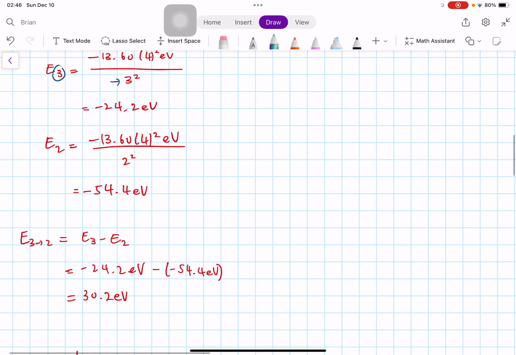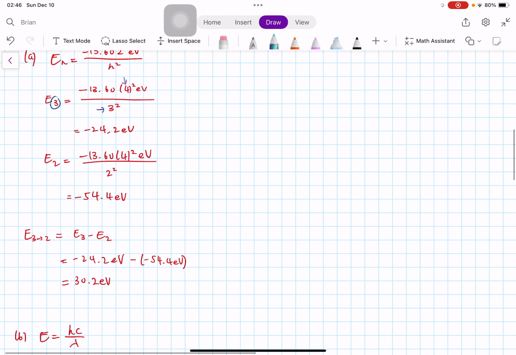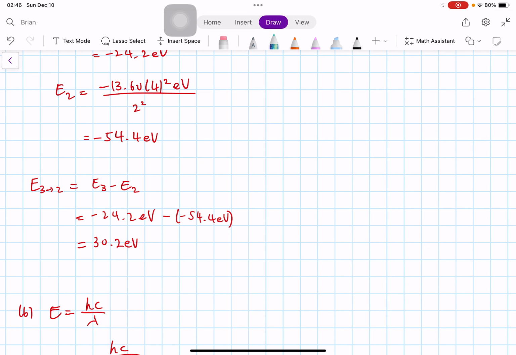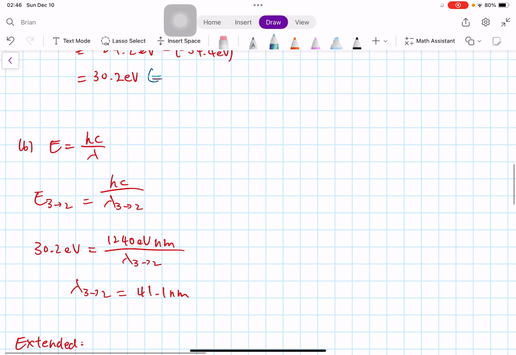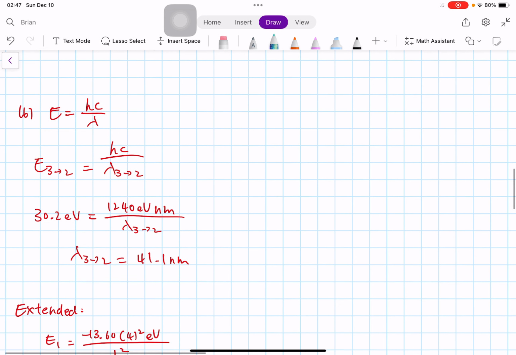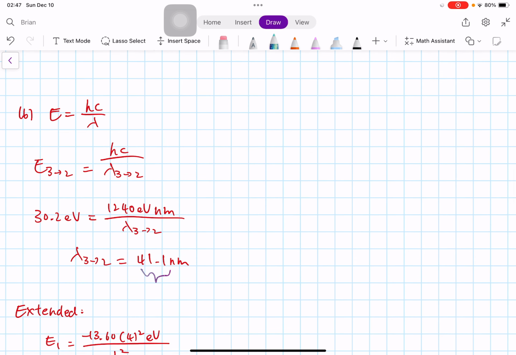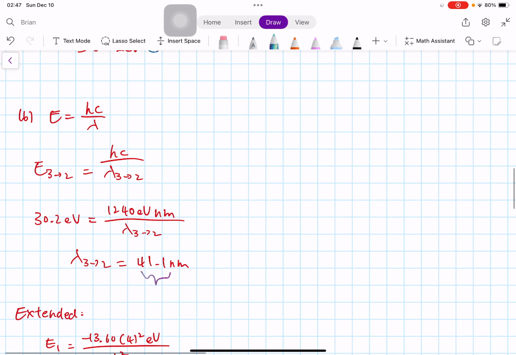And then the same thing here. When I calculate E3 and E2, I just have to calculate the transition from 3 to 2, which is 30.2 electron volts. If I convert the energy to wavelength, then I have lambda equal to 41.1 nanometers, and that would basically conclude all the questions and answer the problem.